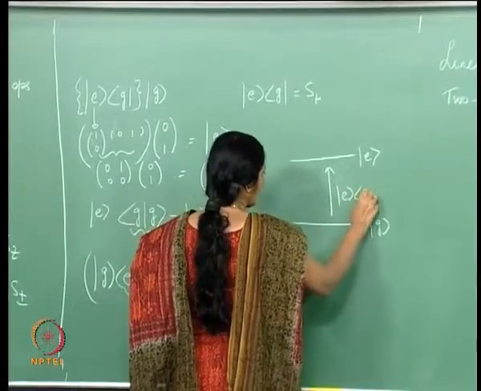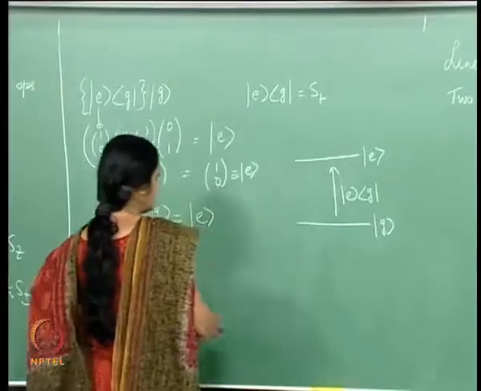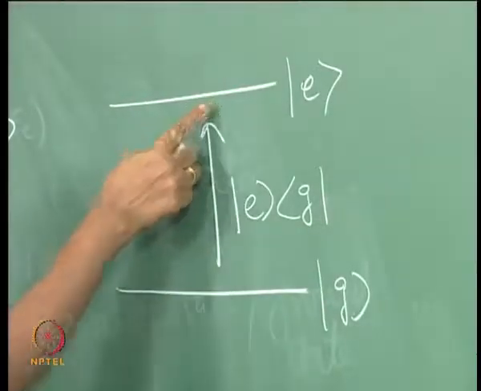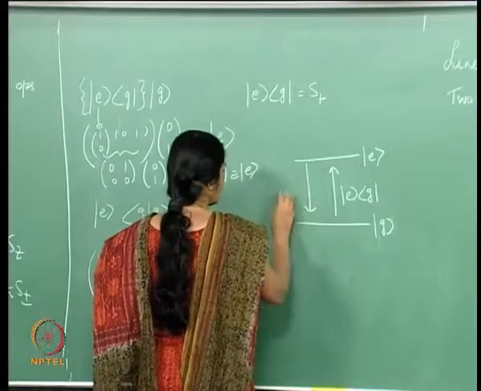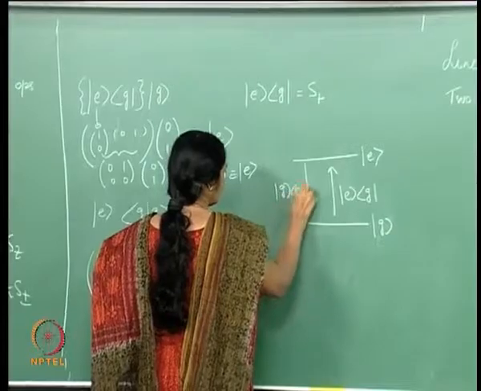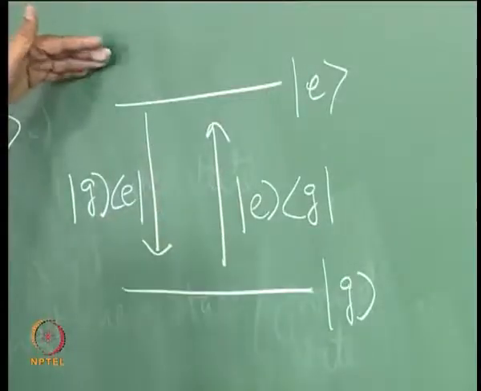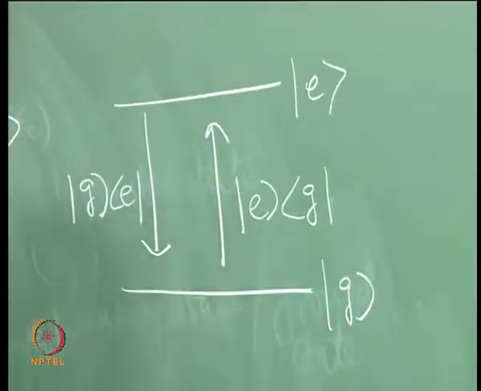So the operator EG takes the ground state to the first excited state. The operator GE brings down the first excited state to the ground state.